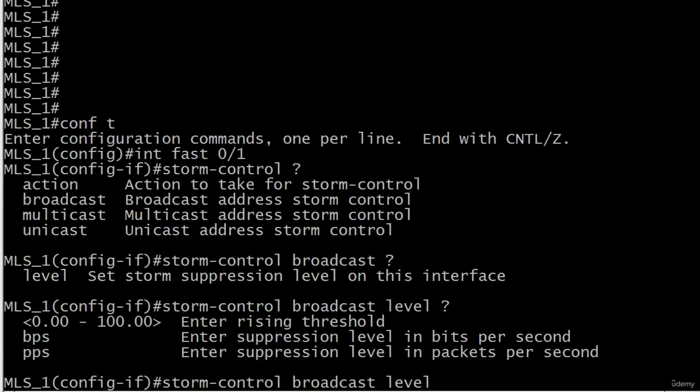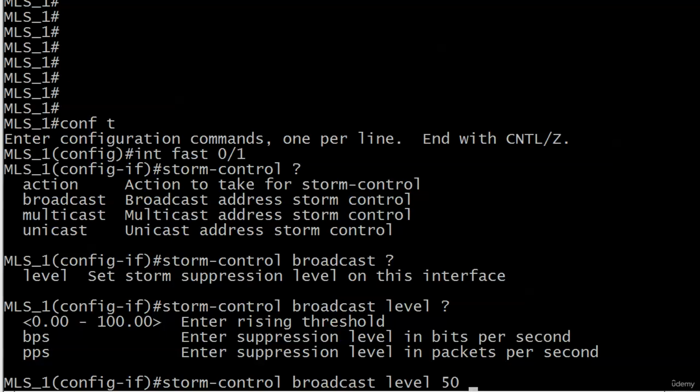What exactly does that mean? That's the percentage at which action will be taken, and with this percentage we're talking about total bandwidth. So if I put, for example, 50 right there, it means that I want action taken when over 50% of my available bandwidth is being taken up by broadcasts.